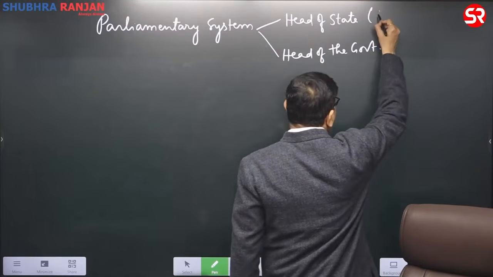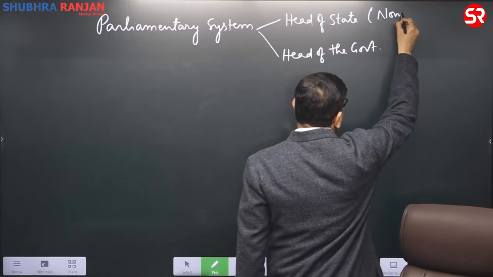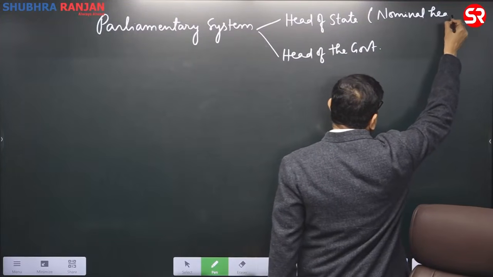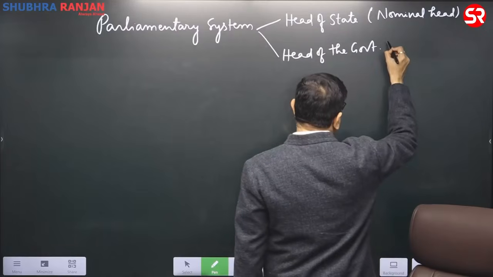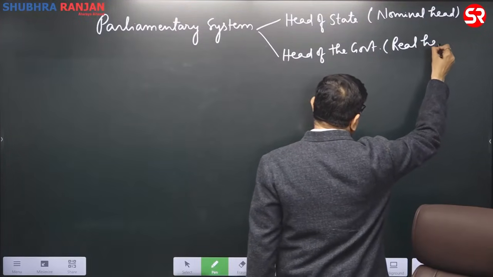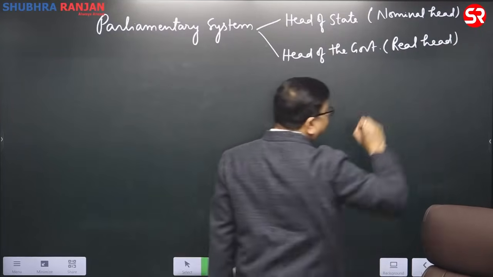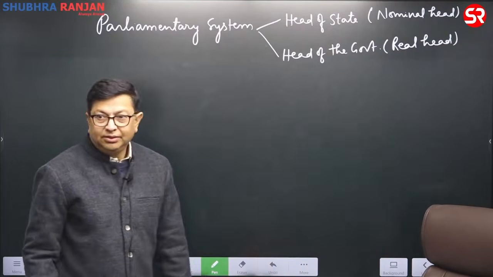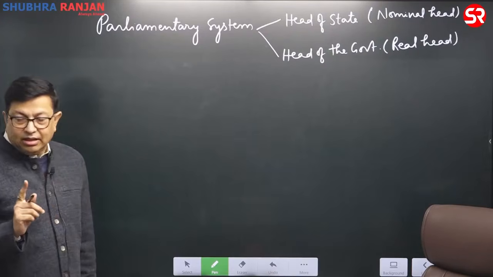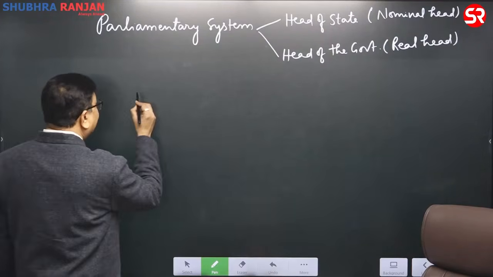The head of the state is the nominal head, and head of the government is the real head. Examples I'll give you.